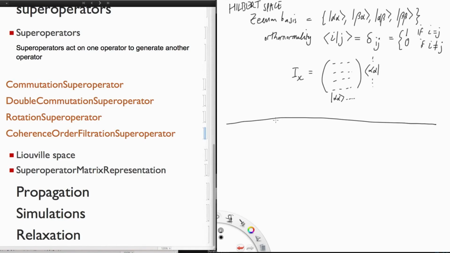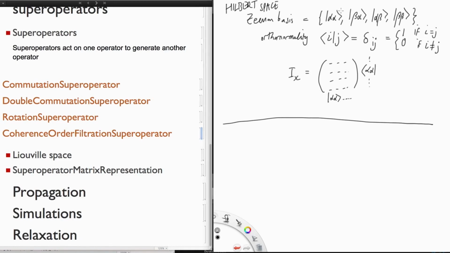Now it turns out you can do the same thing, but instead of kets, you have operators. And instead of operators, you have superoperators. This is called Liouville space. And instead of a basis of kets, one has a basis of operators. An operator basis. Let's call them Q1, Q2.